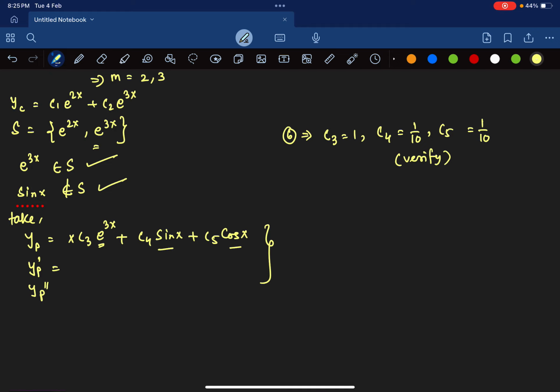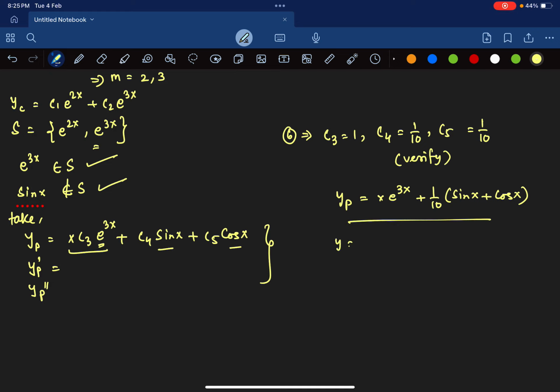For yp dash, you can use the product rule, and here the immediate derivative you can apply and perform this properly. So you will get c3, c4 and c5. The yp value you can immediately write, that is x e power 3x plus 1 by 10 sin x plus cos x.